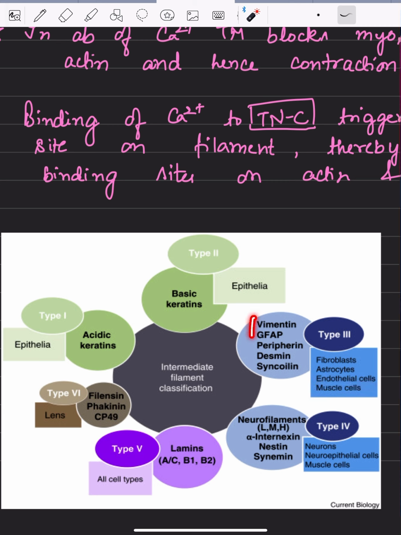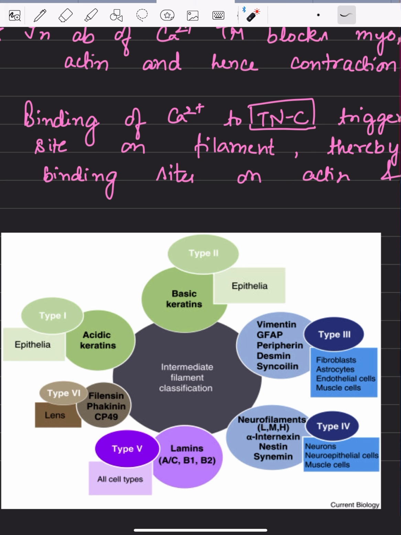You can see the names of the intermediate filament proteins that are involved in the different tissues. Further, the type 4 in the neuron, the axonal, which I have discussed, neurofilament L, M, H, all these are there.